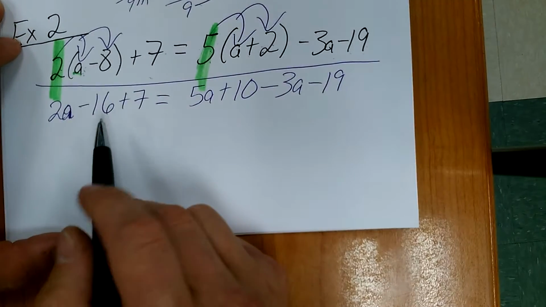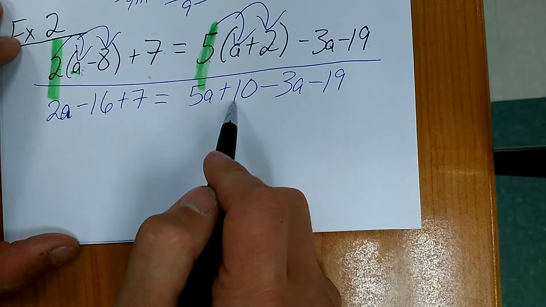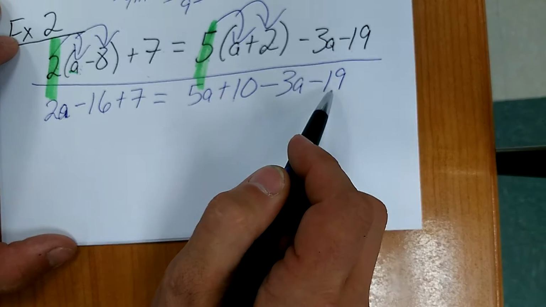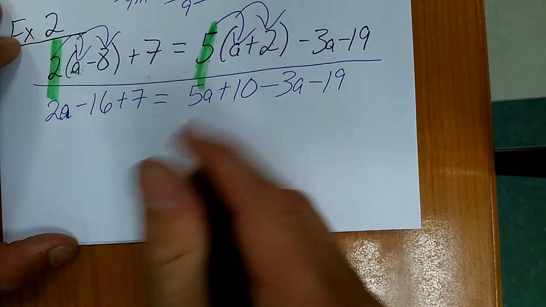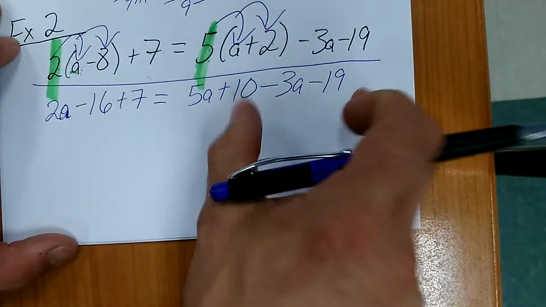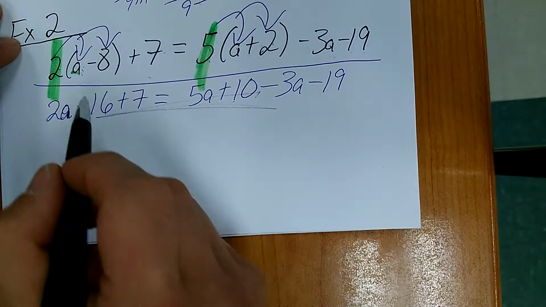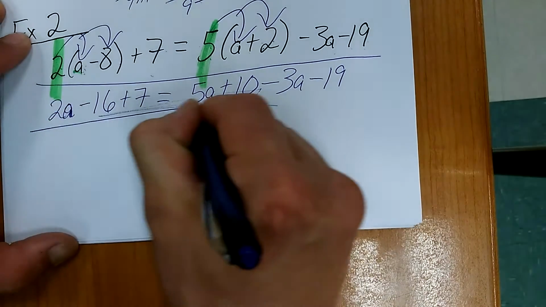Meaning, I've seen some people say, well, we're going to add 16 to 19, and then they want to subtract 10 from whatever -19 plus 16 was. That's why I always emphasize let's combine what we can on each side before we start moving them back and forth. So to do that, I'm going to go ahead and draw this line here.